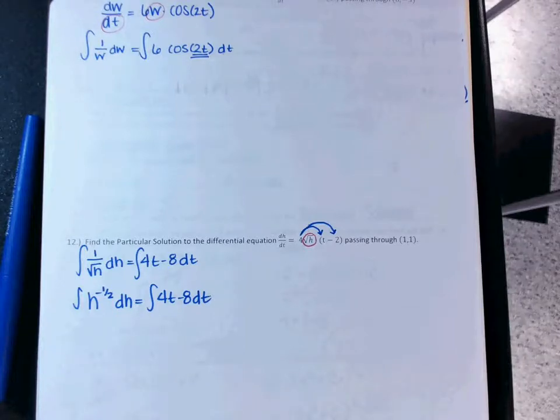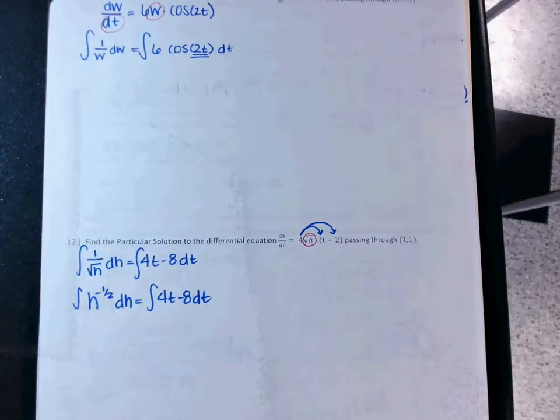And then what's the integral of cosine? Sine. Because remember, antiderivatives are up. I would put the plus c on the cosine side.